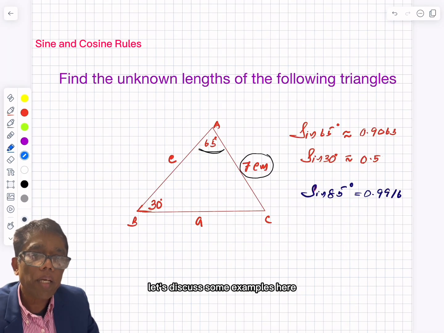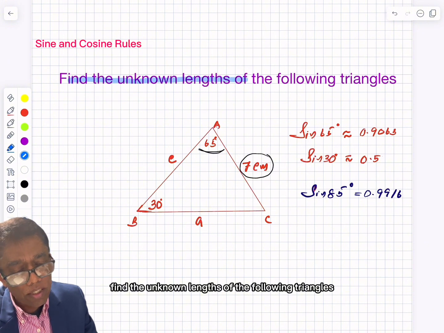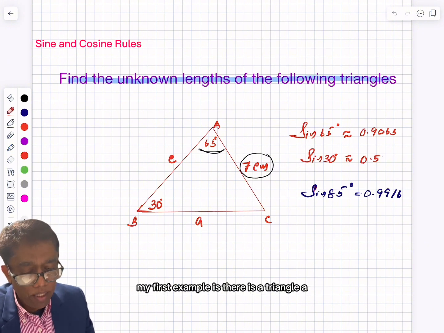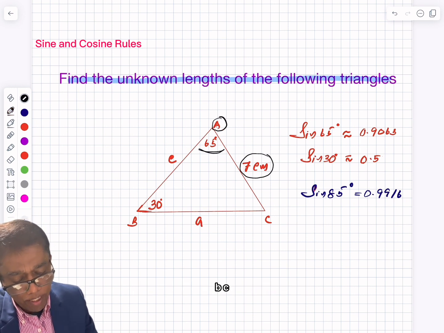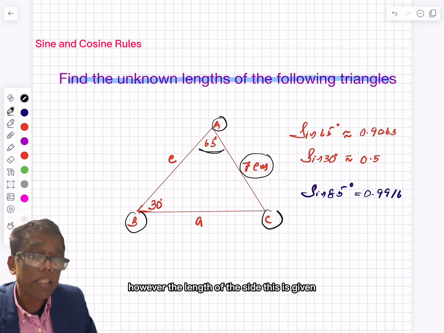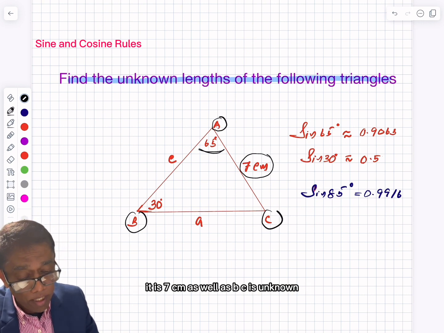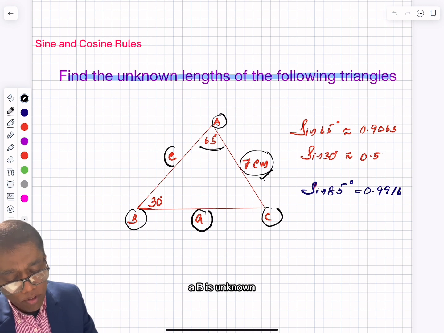Let's discuss some examples. Find the unknown lengths of the following triangles. My first example is a triangle ABC. The length of side AC is given, it is 7 centimeters, while BC is unknown, it is a, and AB is unknown, it is c.